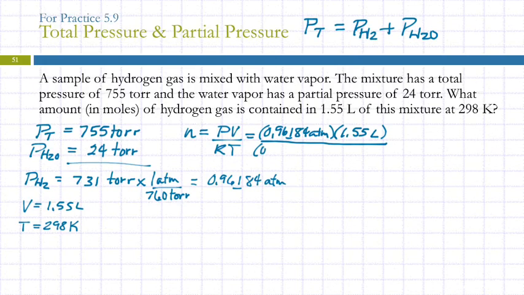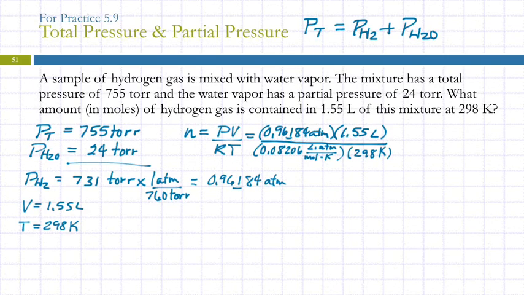Here's our friend, the gas constant. 0.08206 liter atmospheres per mole Kelvin. And my temperature has to be in Kelvin. It already is, so I put it down there.